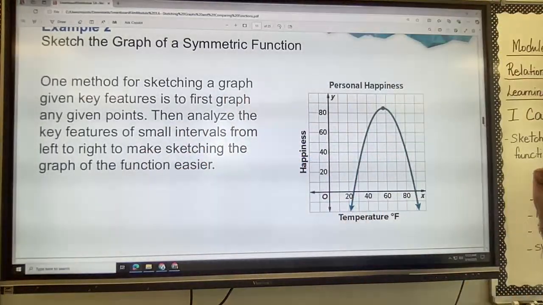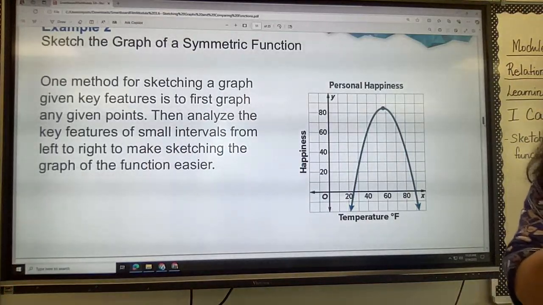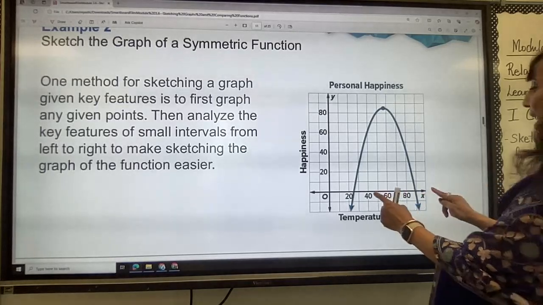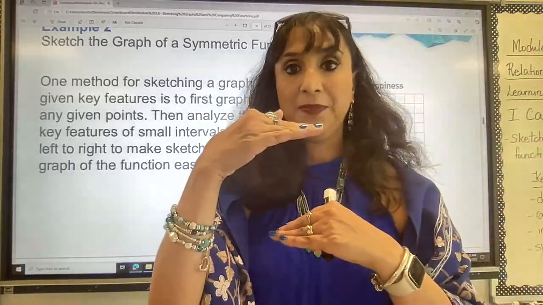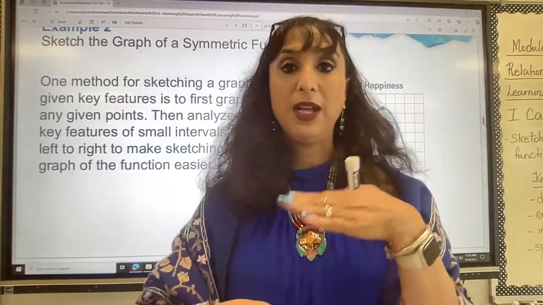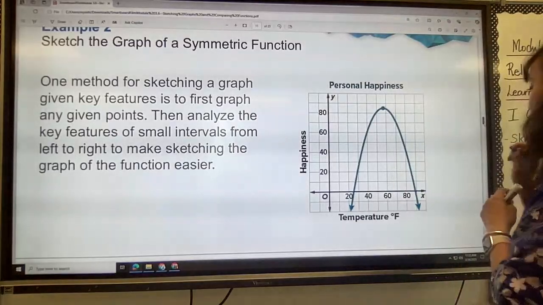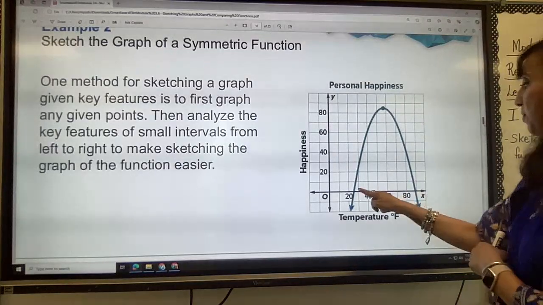Okay, and then it also told us that it is positive between what? It said it's positive between 25 and 89. So positive means it's above the x-axis, and negative means it is below. So it told us that it is positive from 25 degrees to 89 degrees. So this is the part that it's positive.